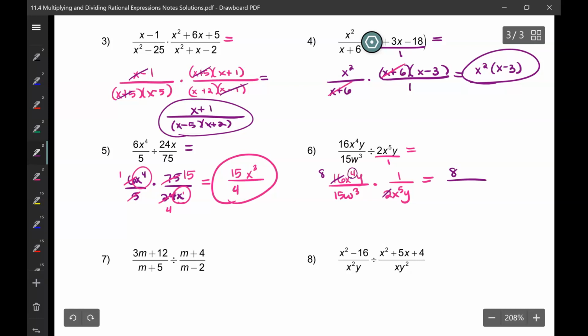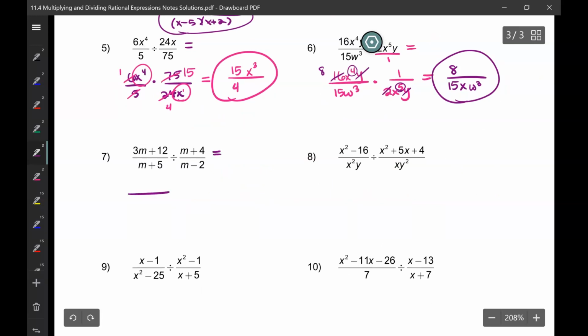I have x to the 4th, x to the 5th, so 4 minus 5 is negative 1, so that's x to the 1st on the denominator. Notice I have the y and the y, so those cancel. And, oh, I forgot to put my 15 here. I still need my 15. And then w to the 3rd is in the denominator. There's nothing to combine, so we leave that.